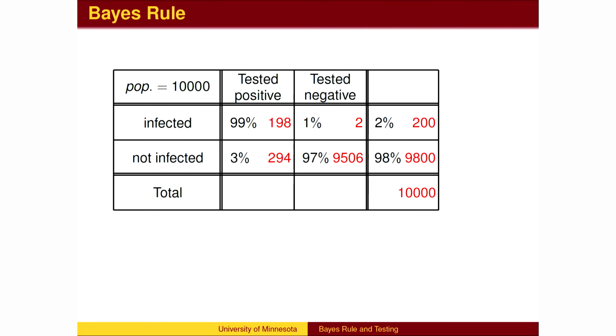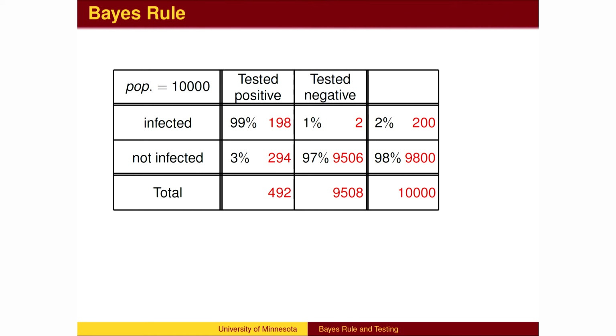For 2 individuals, the test is incorrect and shows that they are healthy. Of the 9,800 healthy individuals, 3% of them, which is 294 individuals, have the test incorrectly showing that they are diseased. 9,506 correctly test as healthy.